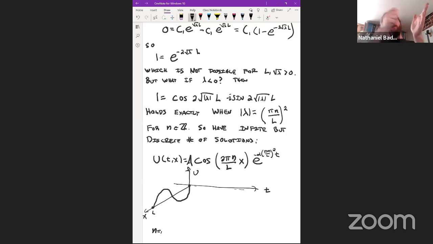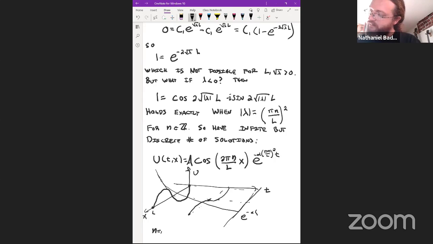And then what happens as we move forward in time? Well, it's going to diminish. It's going to basically keep the same form, but it's going to be multiplied by a decreasing exponential, until it becomes asymptotically flat, where this line is roughly e to the minus alpha.